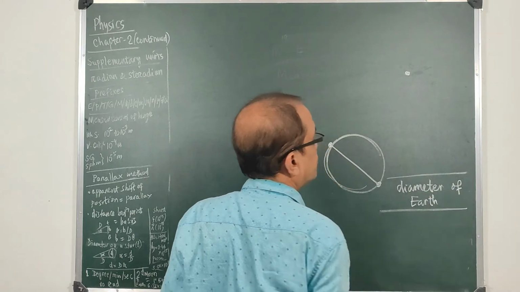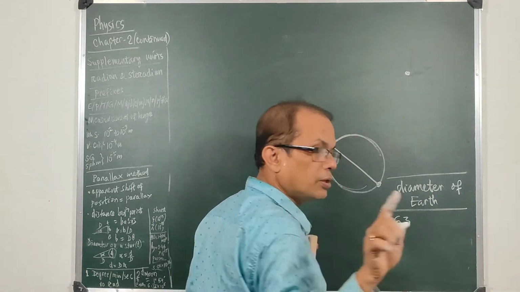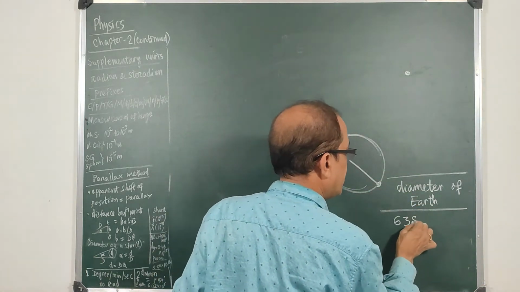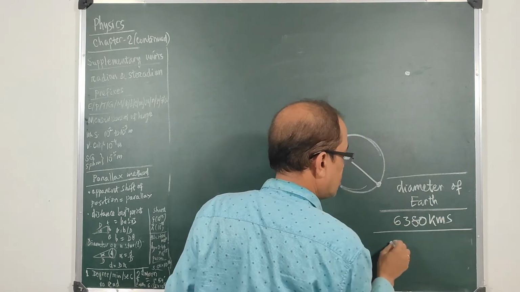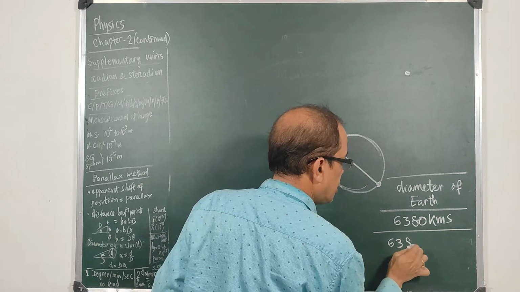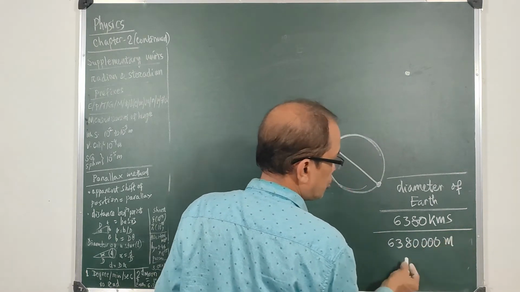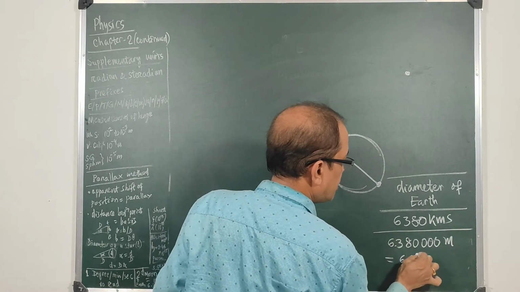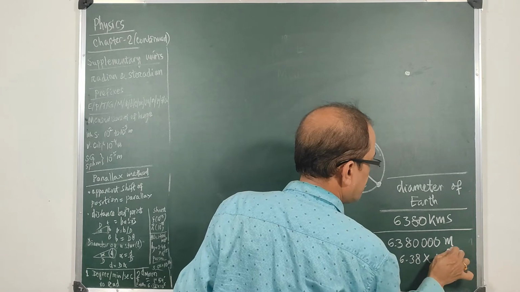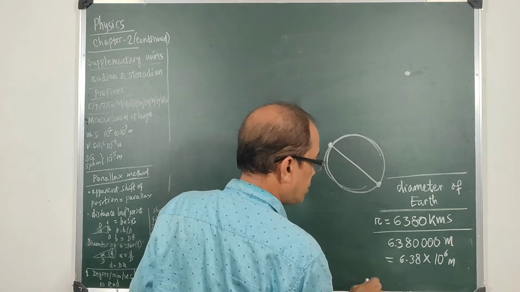From class 10 you might have heard that the Earth's radius is 6380 kilometers, which is 6380000 meters. So this is 6.38 into 10 to the 6 meters. This is the radius, so the diameter will be twice that.